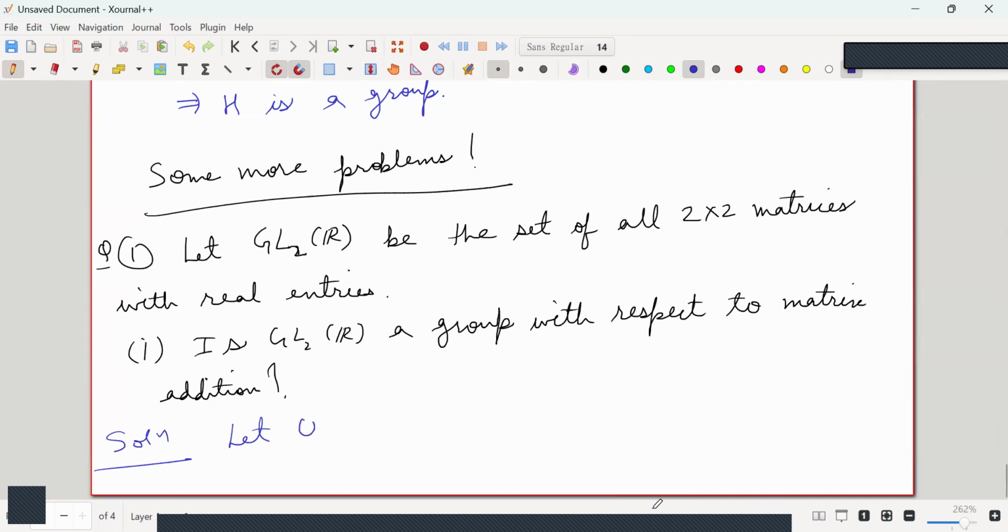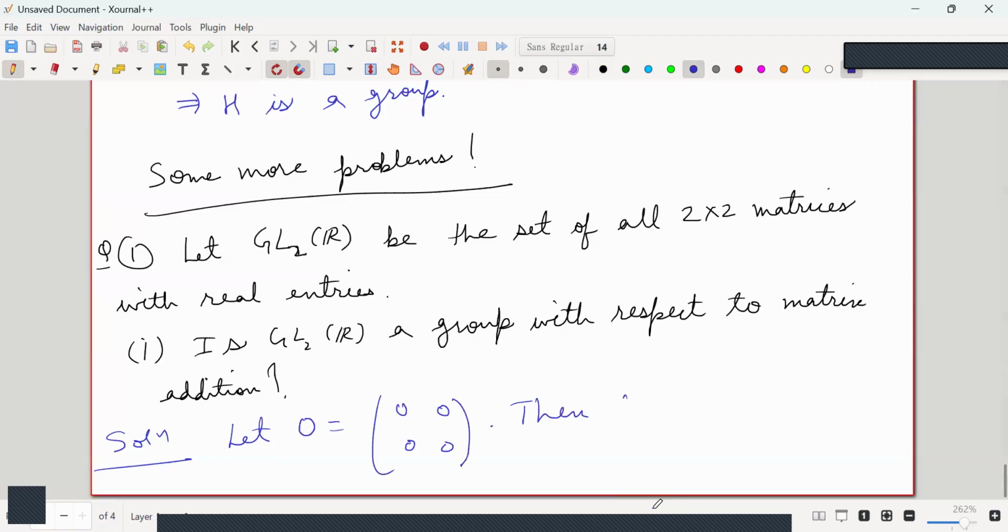Let O be, I should not write O2. For the moment, let's write just O. Let O be the matrix 0, 0, 0, 0.